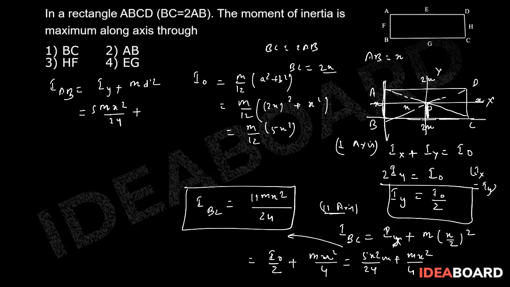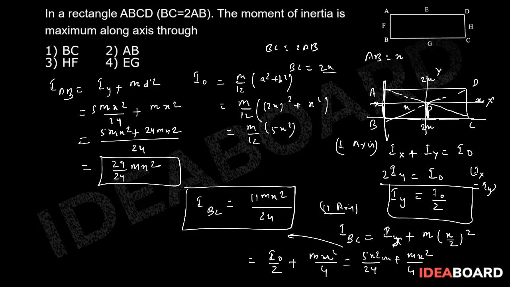This time d dash will be x, so m into x squared. If you take the LCM of 24, this will be 5 m x squared plus 24 m x squared, correct? So 29 by 24 m x squared. This will be the IAB value.